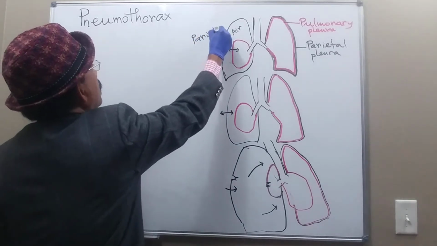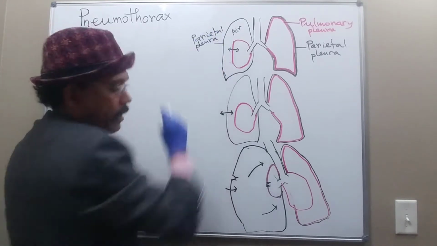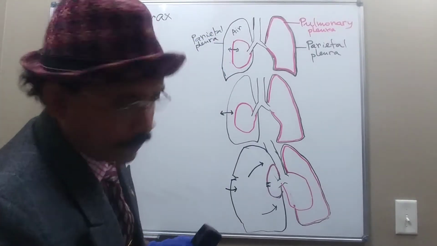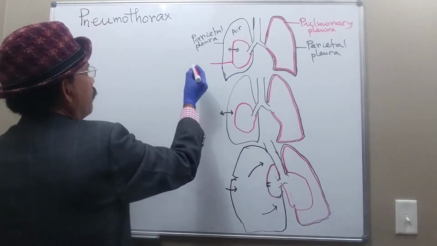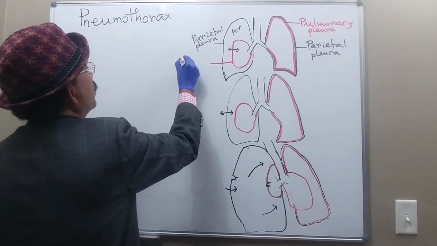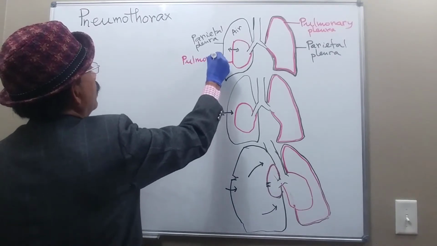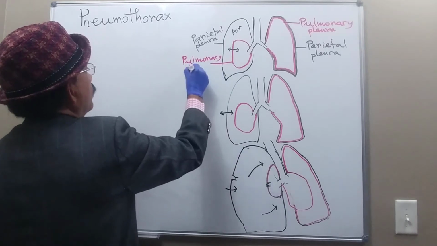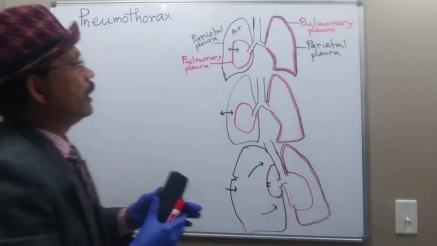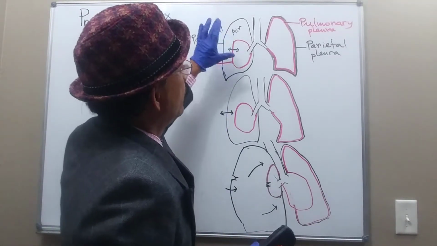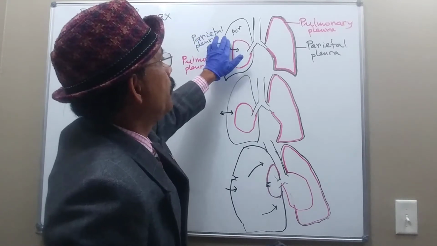And this red is the pulmonary pleura or visceral pleura. Okay. So here air entered into the interpleural space, so we had a potential space. Now it is a real space.